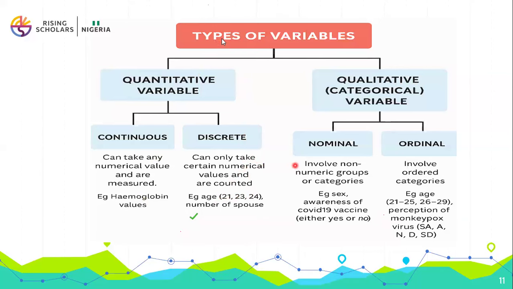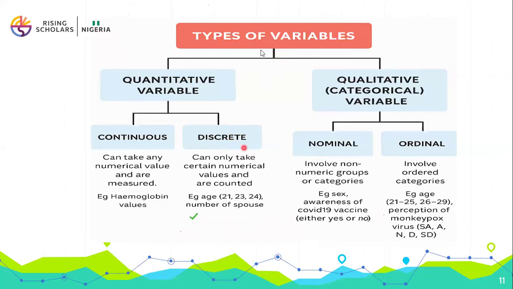Blood glucose level, very correct. Temperature, yes, you can have 36.5 degrees Celsius. BMI, yes, you can have maybe 30.3. I think this class is tilted towards medics and healthcare people. PCV, creatinine value, these are all medical parameters.